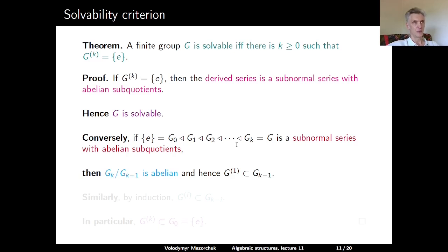But then, by one of our properties of the derived subgroups, it means that G k minus 1 contains the first derived subgroup of G. And exactly the same argument by induction tells us that the subgroup G k minus i of this series contains the i-th derived subgroup of G. But then, in particular, the k-th derived subgroup of G will be a subgroup of G0, which is a trivial subgroup. And this gives exactly the claim of the theorem.